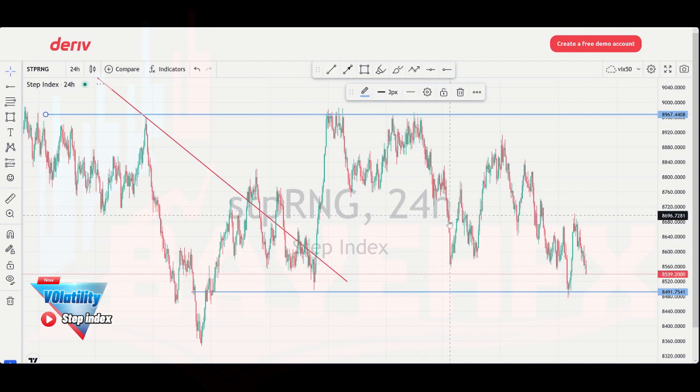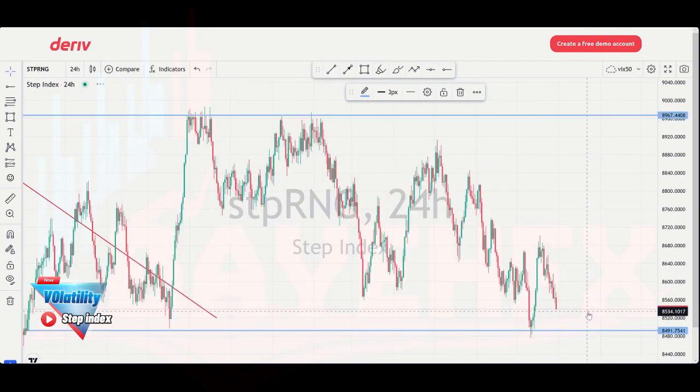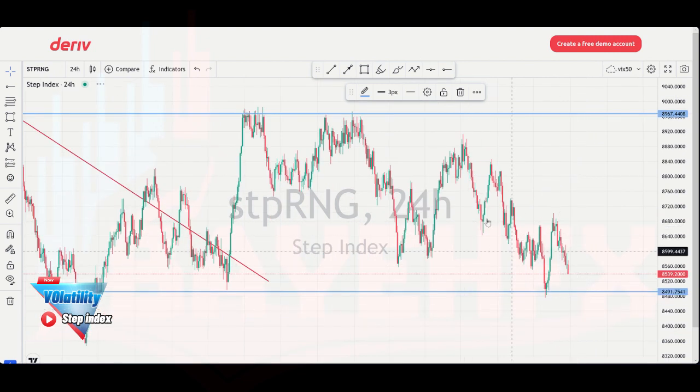As you can see on step index, on the higher time frame, we broke out of the trend line, got a bullish push, and then now we are back at our entry zone where we got this bullish momentum to the upside. So I'm still looking to buy into this particular market, but right now, as you can see, we are in a bearish move to the downside.